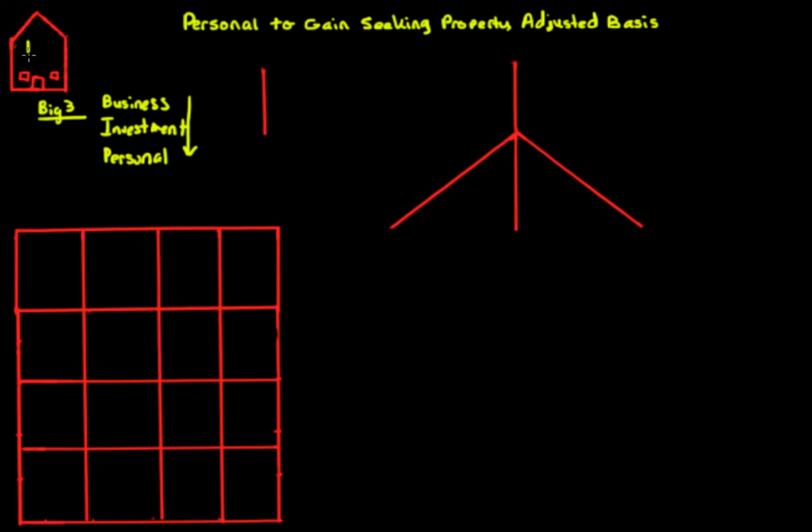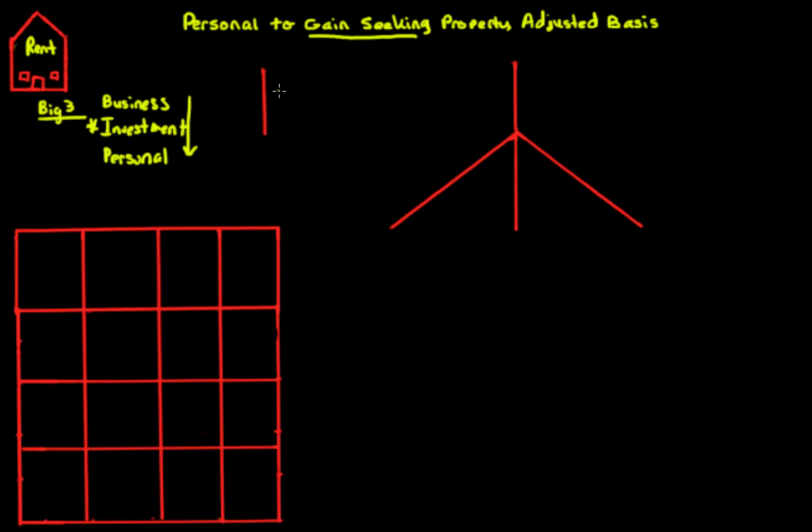Well, that rental house is almost likely to be considered an investment activity. Remember from the previous videos that business and investment activities are considered gain-seeking. Gain-seeking is business and investment. So now the question becomes, when we go from that personal house to that rental house, what is the adjusted basis?